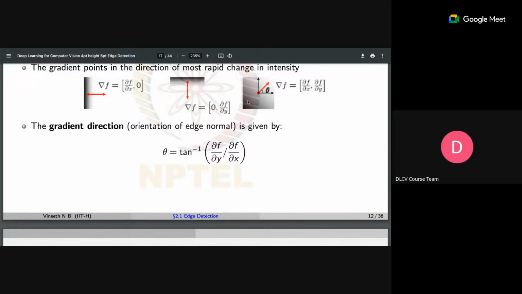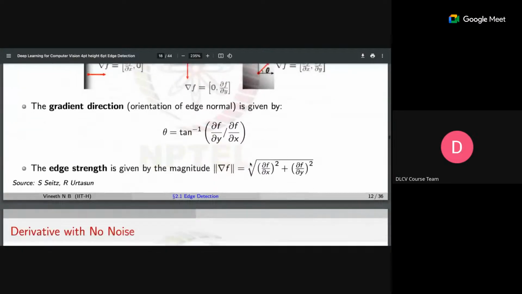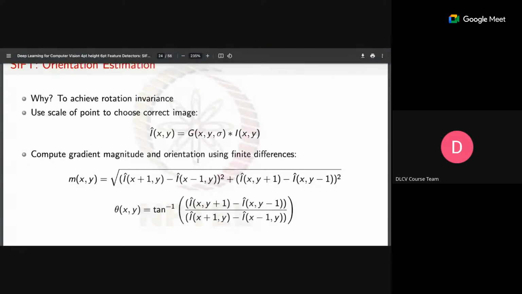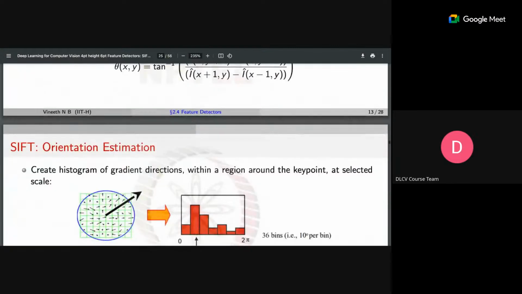We are just using this, and also the edge strength. The only difference is we are not applying it on the original image. We are applying it on the image after applying a Gaussian filter. That is what the first step means, scale of point to choose the correct image. We are simply calculating the magnitude and orientation.